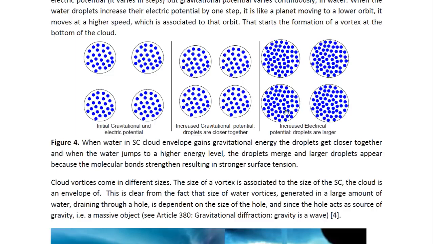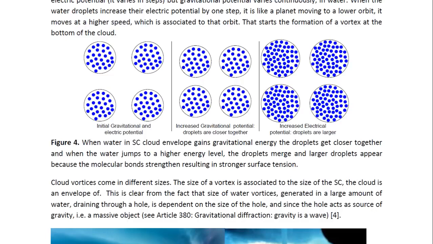Whilst here, what happened was the gravitational potential increased to the point that the electric potential had to jump to a higher level. And when that happened, the bonds between the molecules in the water increased in strength.